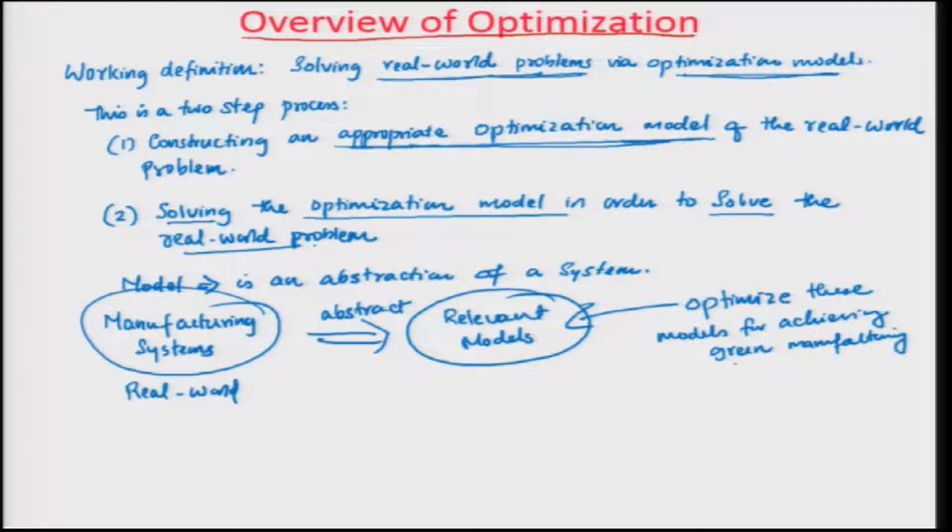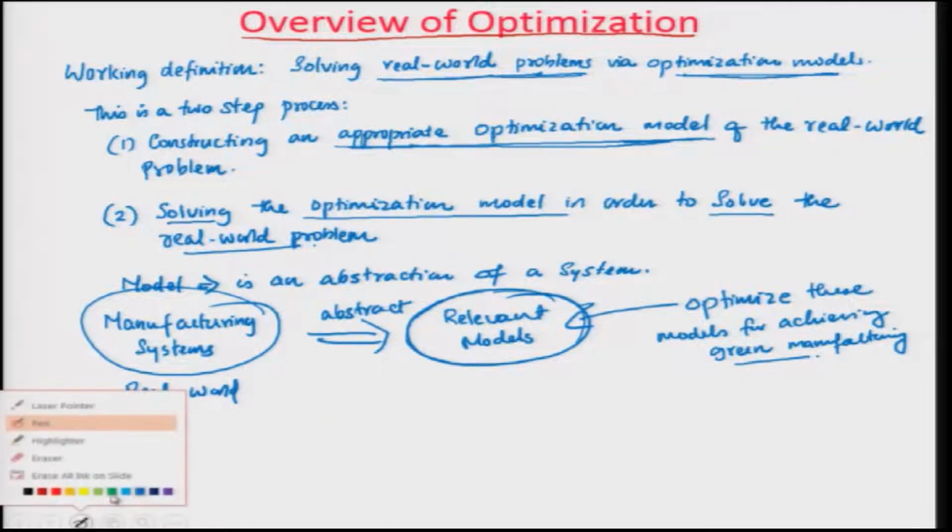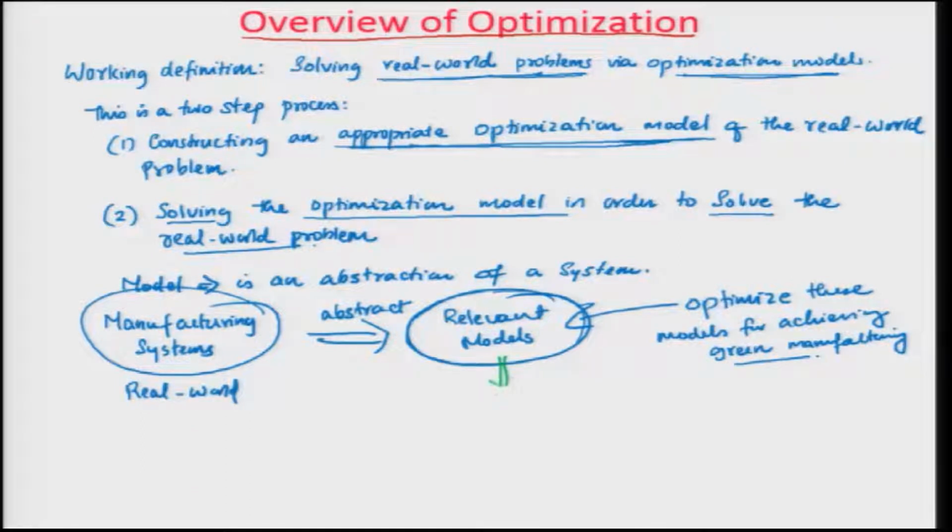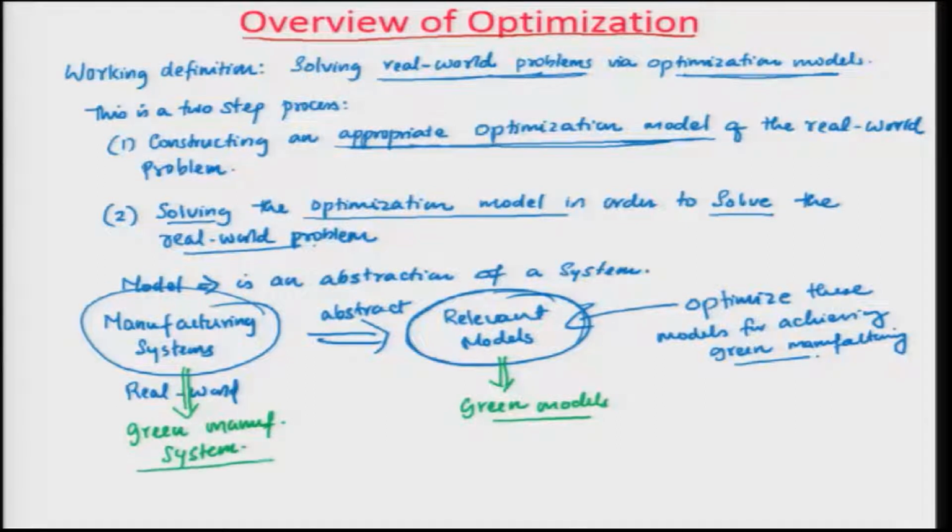So when you convert these relevant models to green manufacturing models, then when these models become green models, this real system will become green manufacturing. That is the idea here. So by solving the model, we will actually be able to do this.